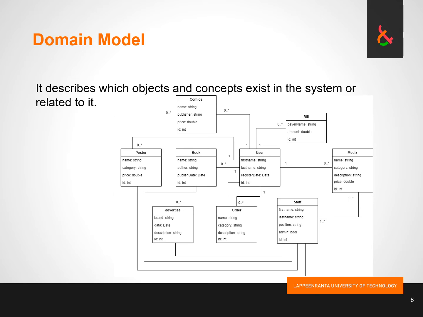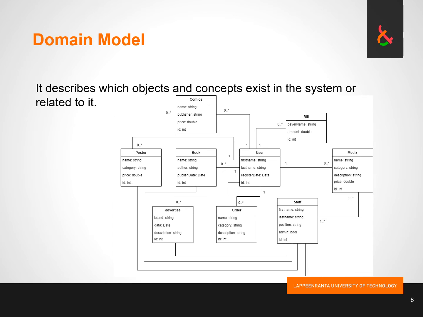About the domain model. The domain model describes which objects and concepts exist in the system or are related. As we can see in this slide, there are different objects in the domain model, for example, media, bill, comics, user, book, staff, poster, advertise, and order.